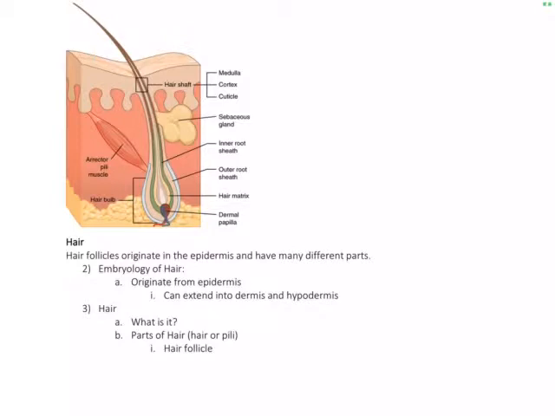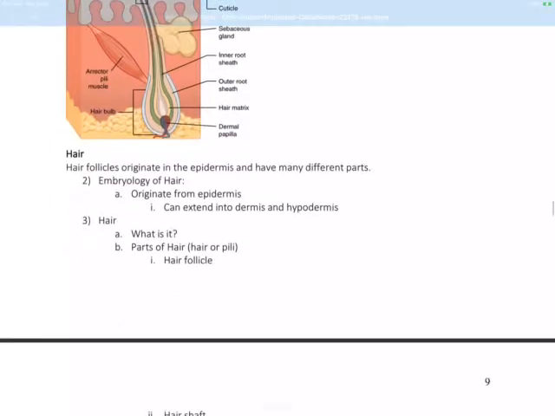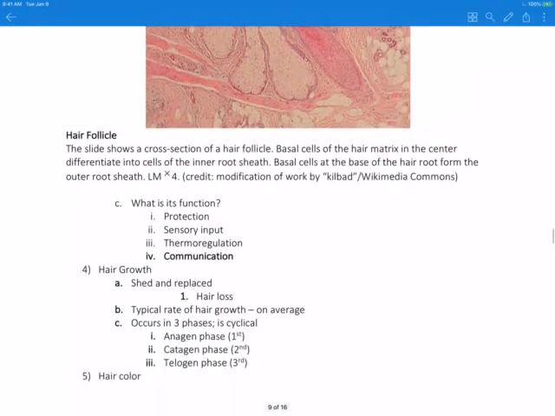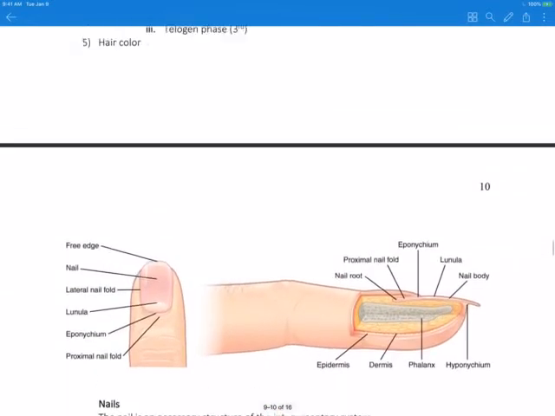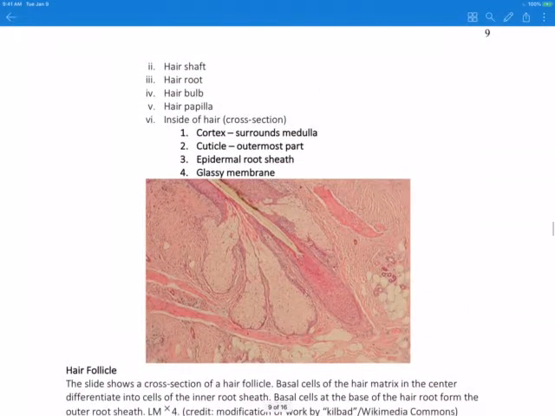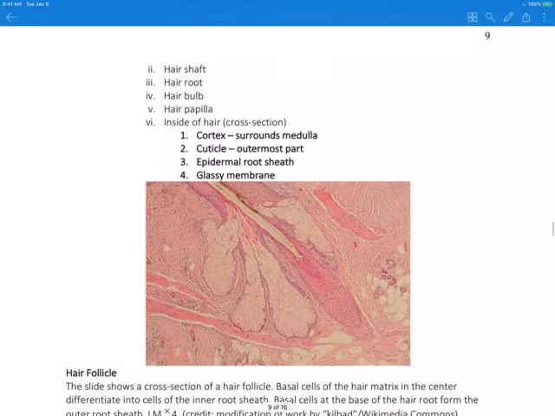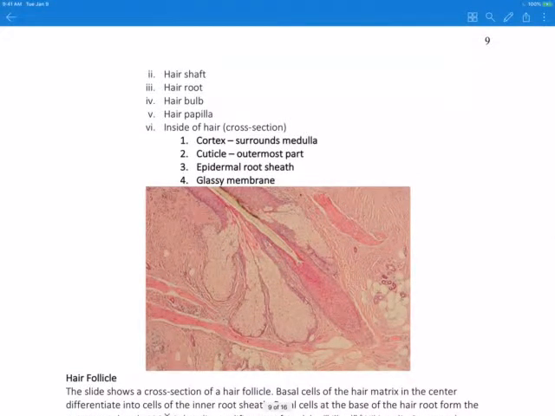Now inside of the hair, like in a cross section, let's see if I can move to a different picture here. Just one moment here. In the cross section, the medulla is the innermost core.